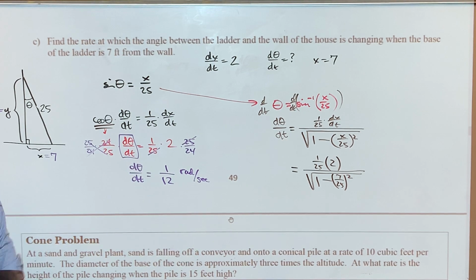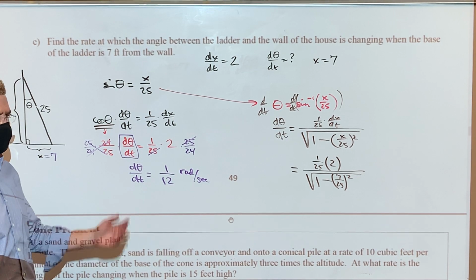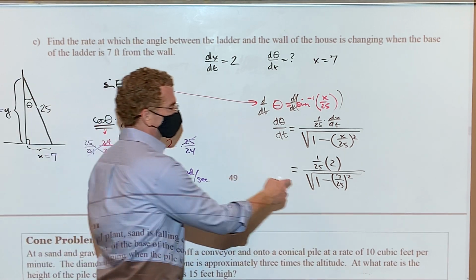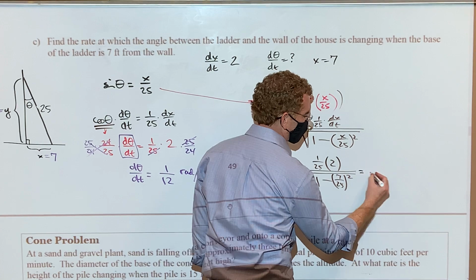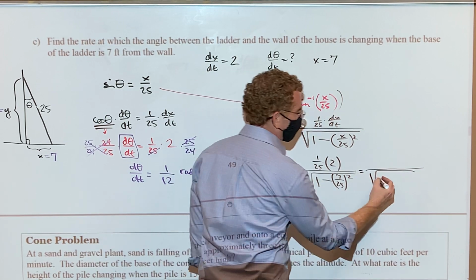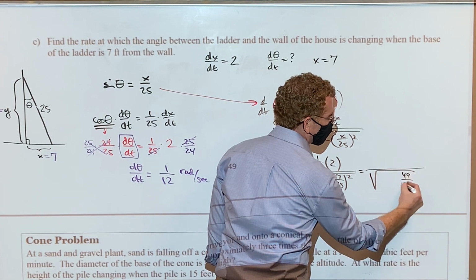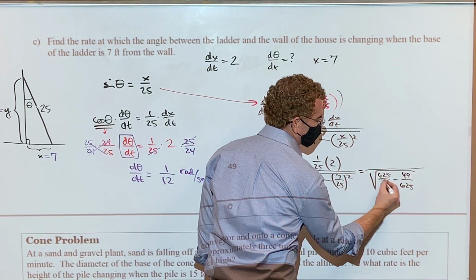I mean, I can show you what to do if it's not. It's not as bad as it looks, but probably would be, yeah. So in this case, if you really think about the math, if you were without a calculator, you would have 49 over 625, right? And I'm going to subtract that from 1, which is 625 over 625.